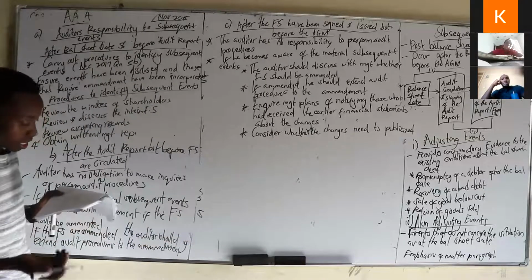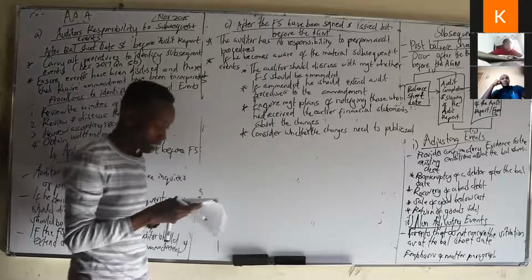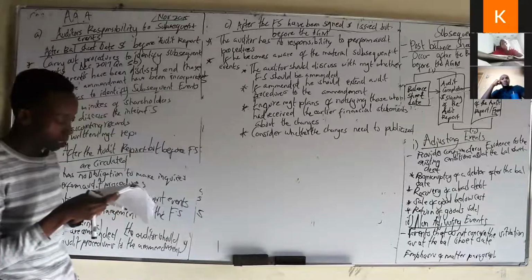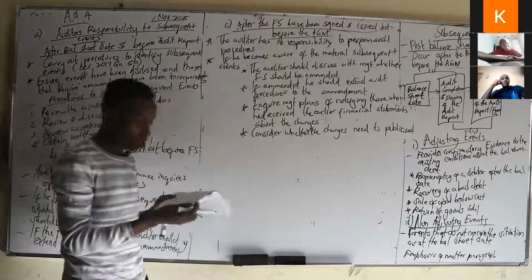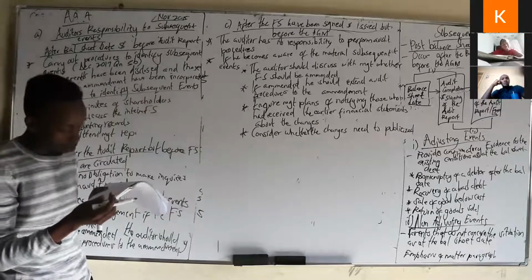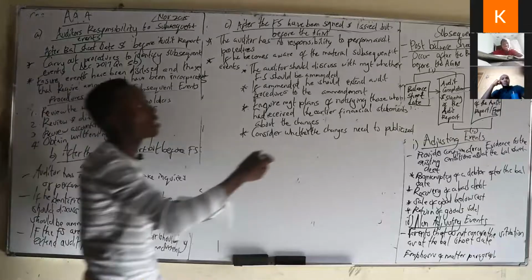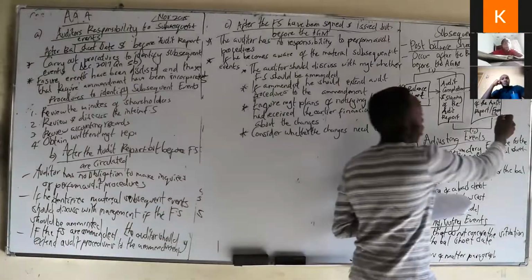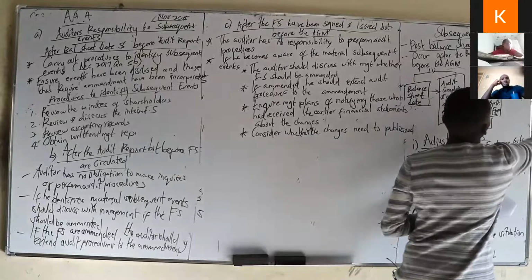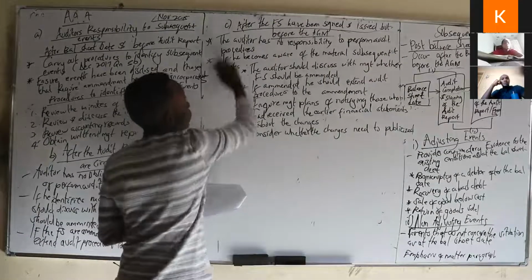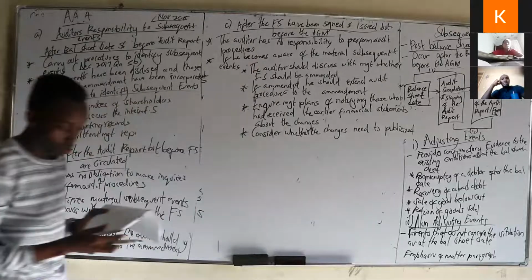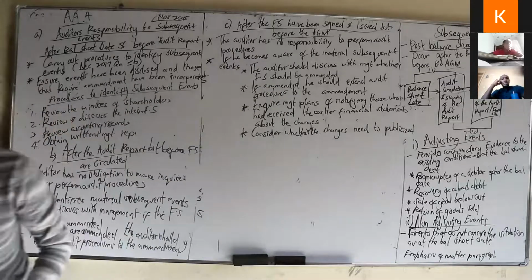And then 2nd December to 30th December, the period between when the financial statements have been issued and the AGM. So the auditor's responsibilities will include these points in that case.